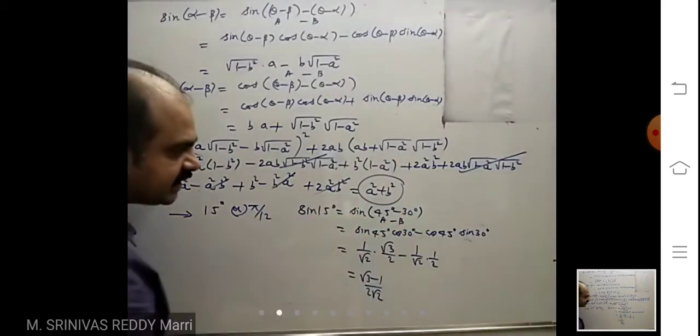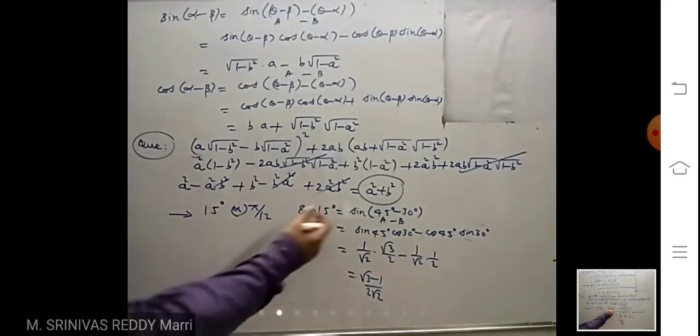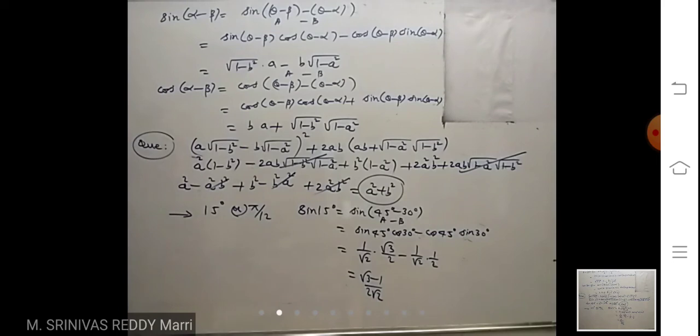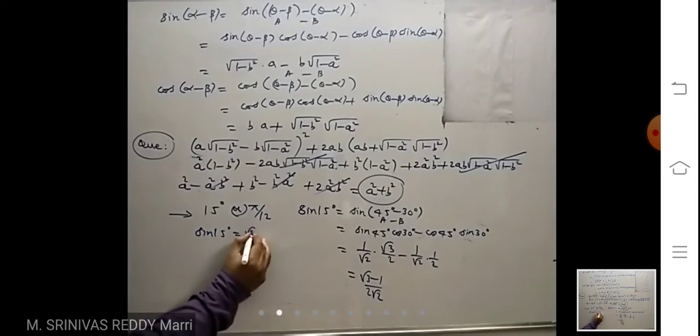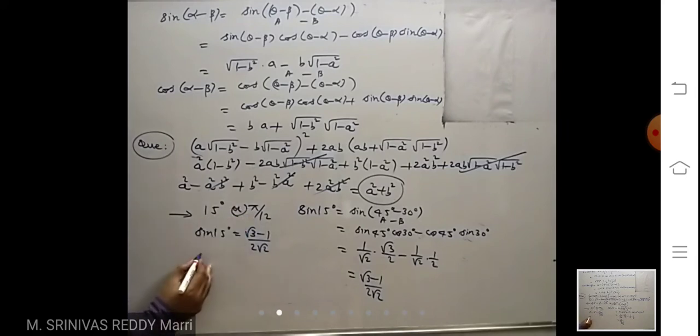Like that, if you write cos 15, you will get tan 15, you will get cot 15, you will get. So those values must be remembered. Look at, I will list down. Sine 15 degree, that is pi by 12, is nothing but root 3 minus 1 divided by 2 root 2.